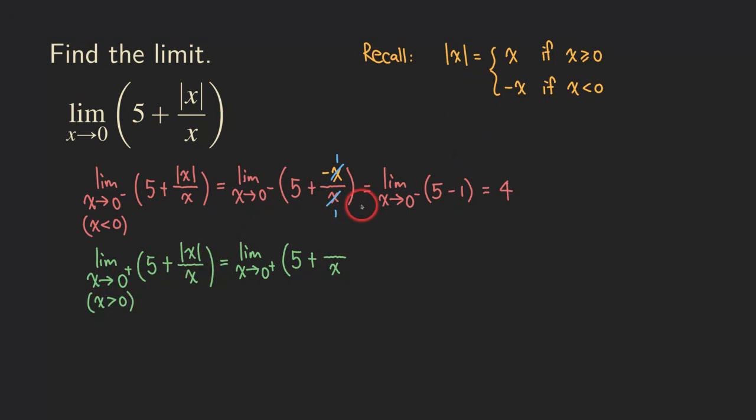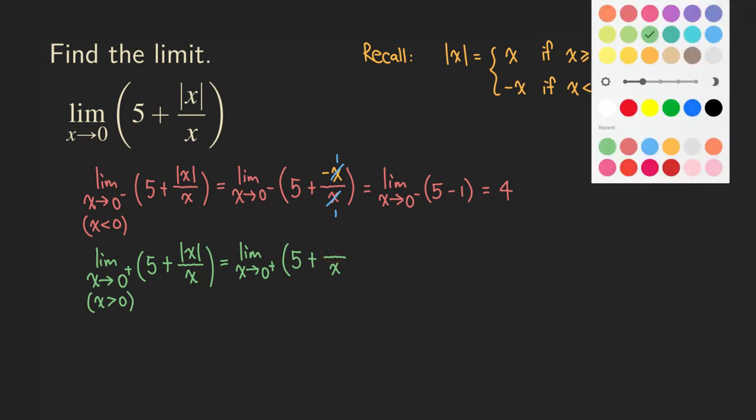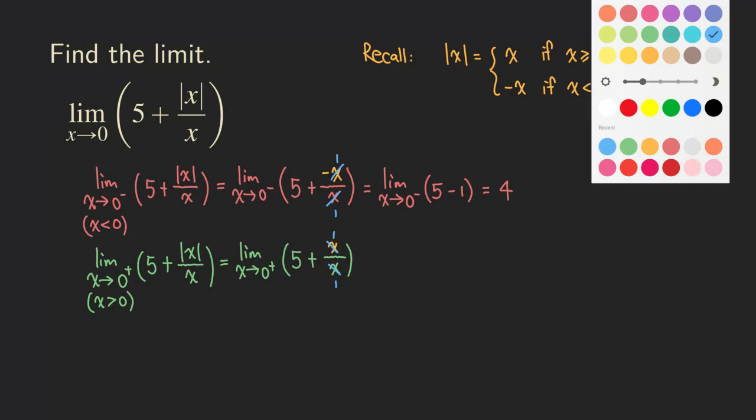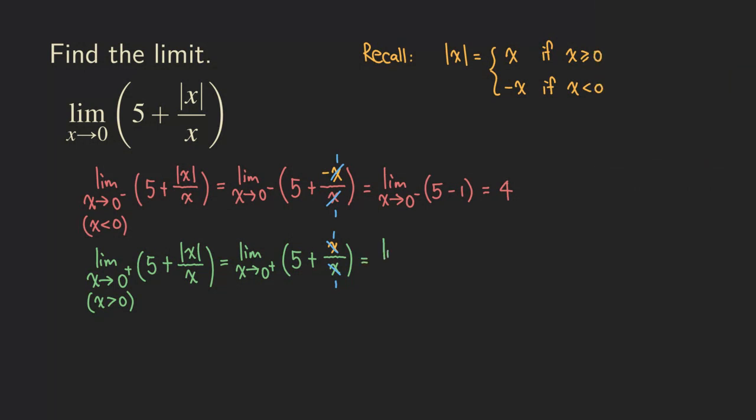So when x is positive, then the absolute value of x can be written as just x, right? Without the absolute value, so we can just put the x right here. Okay, so now doing the canceling like the other limit, we are just getting 1 here and 1 here. And then continuing with the problem, we have x approaching 0 from the right, and then we have 5 plus 1. Then as you can see here, the limit is equal to 6.